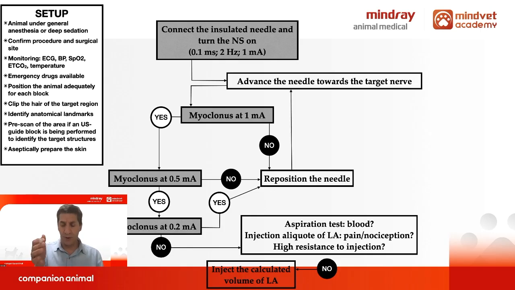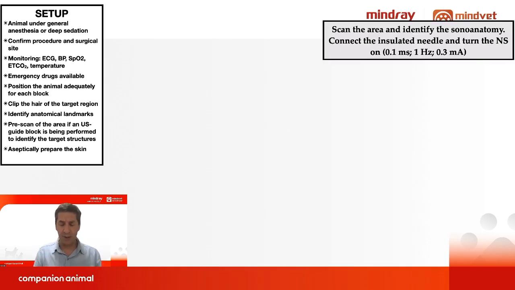When we use the ultrasound, we need to scan the area to identify the regional anatomy. And if we are going to perform the combined technique, we connect the insulated needle and we turn on the nerve stimulator, but in this case, we reduce the milliamperes to 0.3.